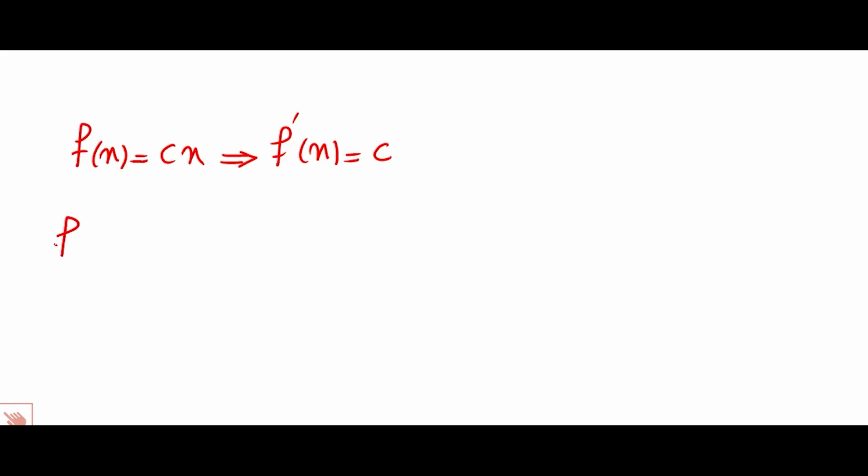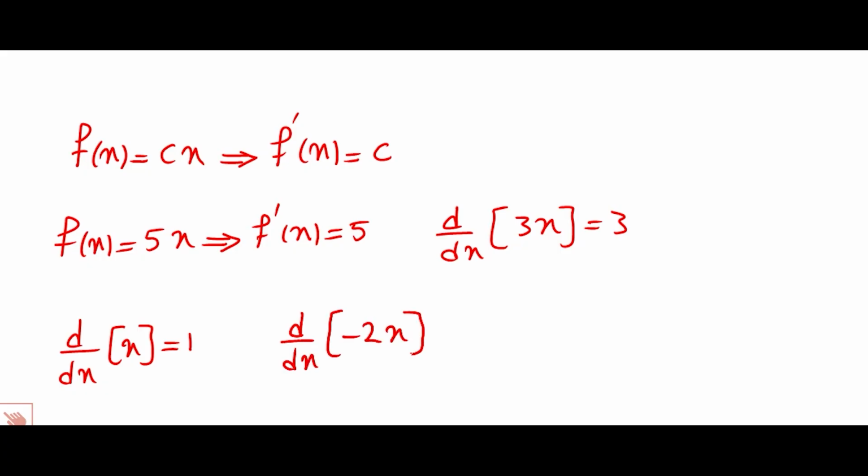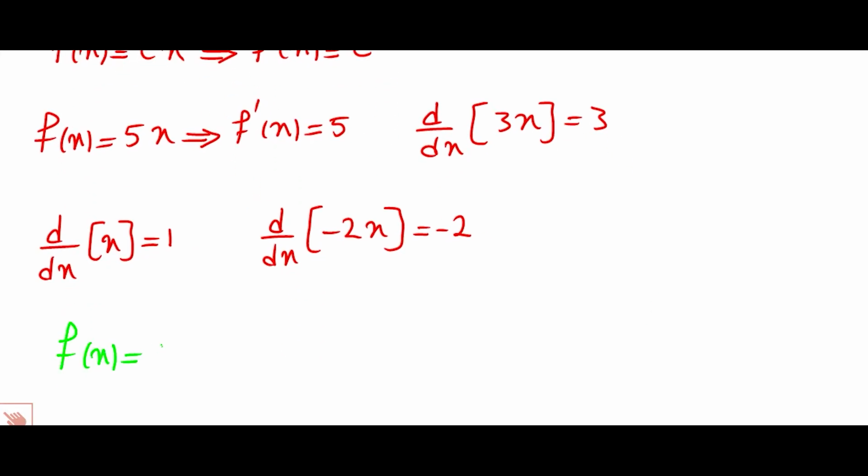For example, if f of x is equal 5x, so f prime of x is equal 5, or the derivative of 3x is equal 3, or the derivative of x is equal 1, or the derivative of minus 2x is equal just minus 2, because if f of x is equal cx, so f prime of x is equal c, we use the constant multiple rule, means keep the c times the derivative of x.